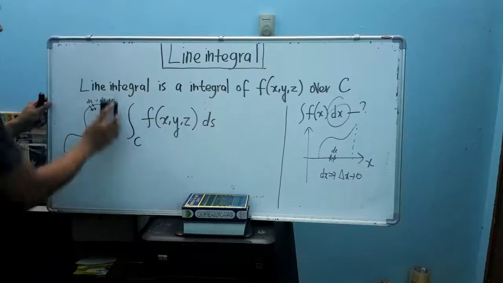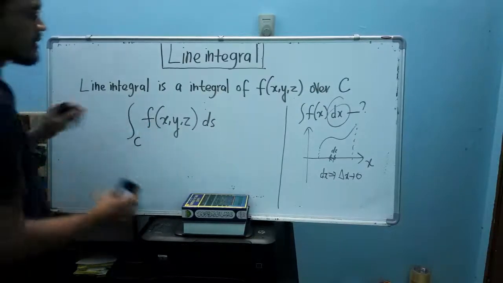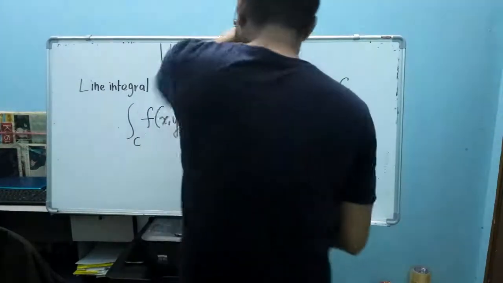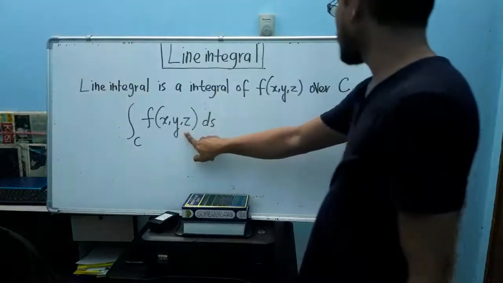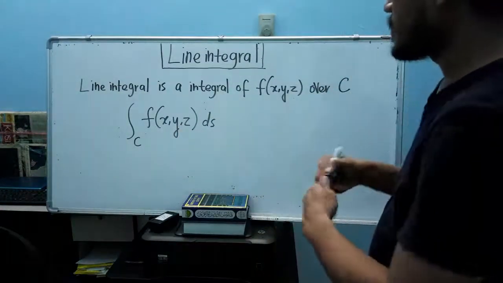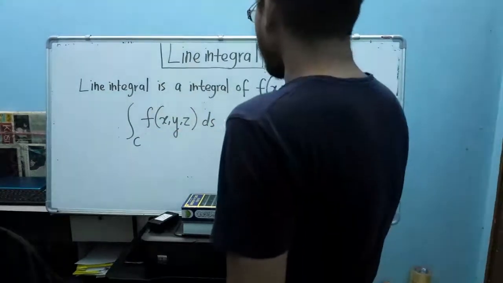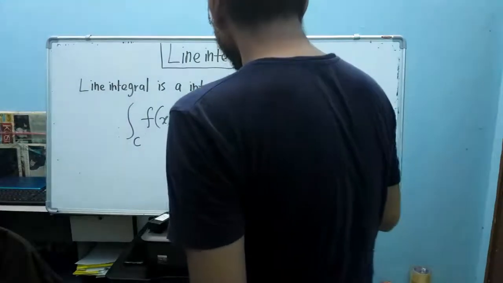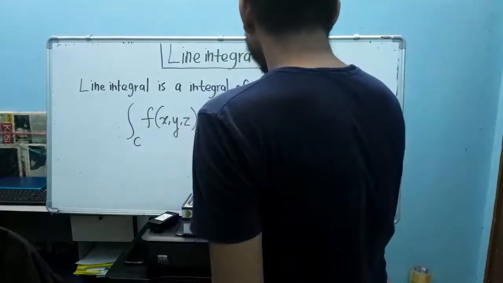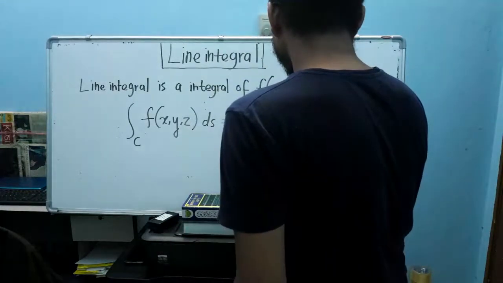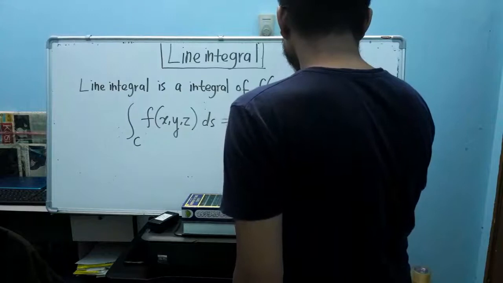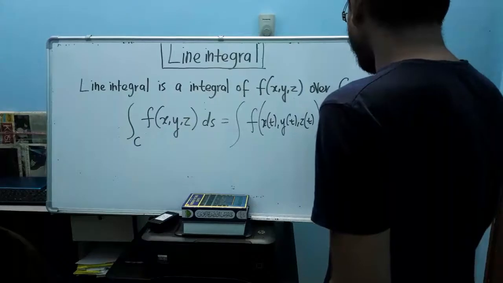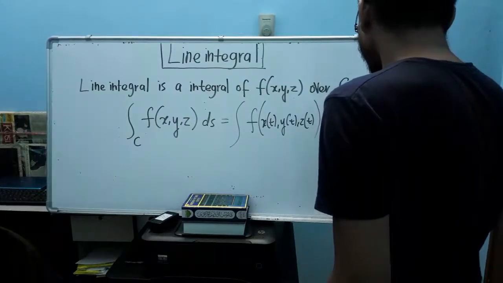So now this is a line integral. How can we calculate it? The line integral is the integral of this function over C. By definition, it can be calculated by this formula: it equals the integral of f(x(t), y(t), z(t)) times the magnitude of r prime t, dt.